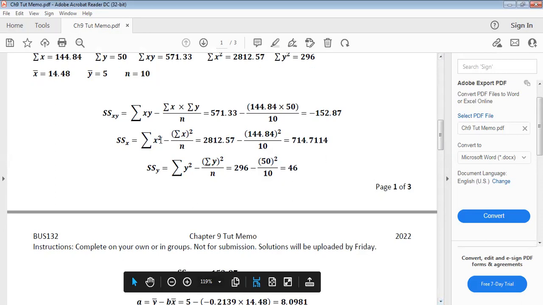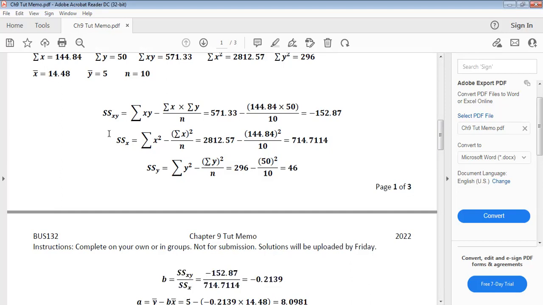Okay, so now the sum of squares of x is basically this. The formula is just you square the values of x and you add them up. And this one is you sum the values of x, and then you square the total.